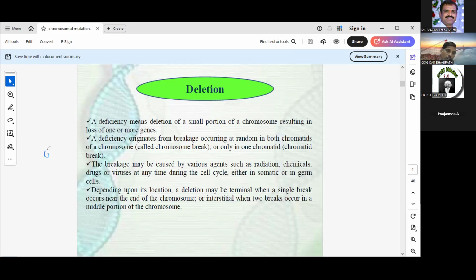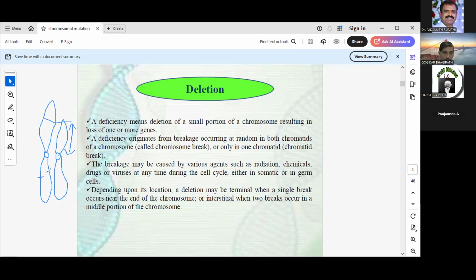For example, this is one homologous chromosome that does not undergo deletion, but the other homologous chromosome undergoes deletion. We can observe it based on the size of the arm, which is very small compared to the other homologous chromosome.